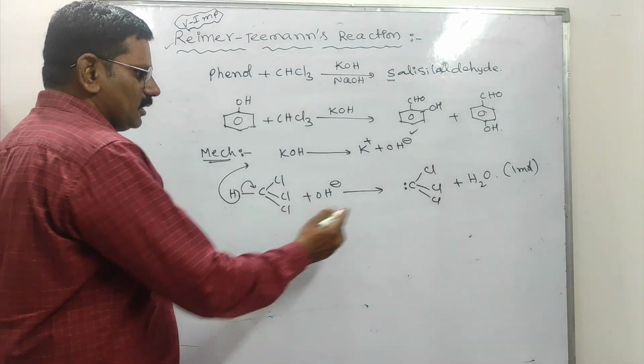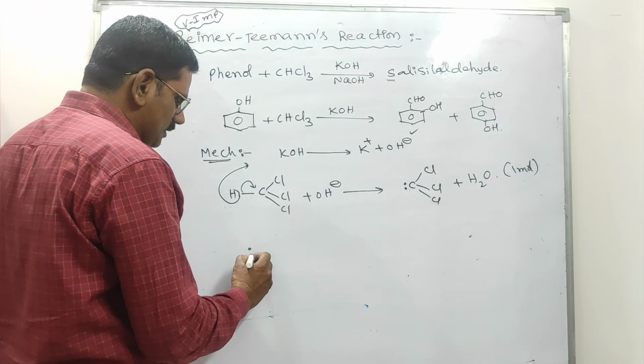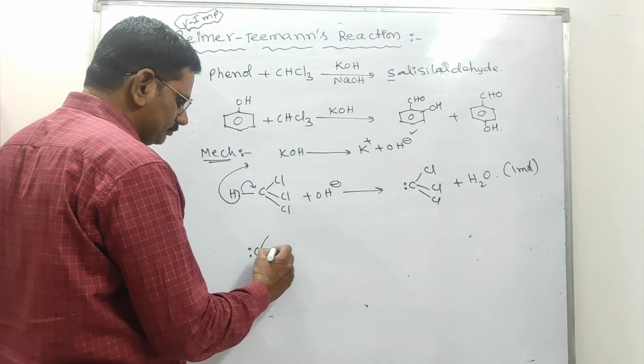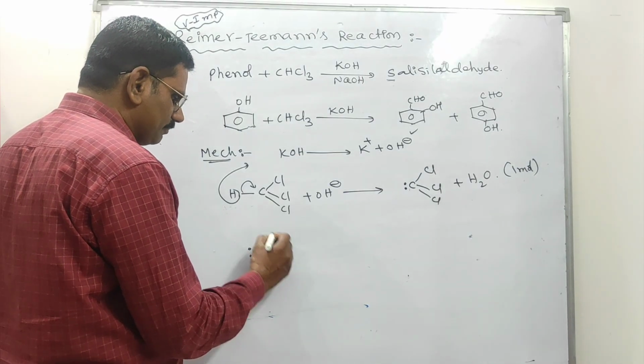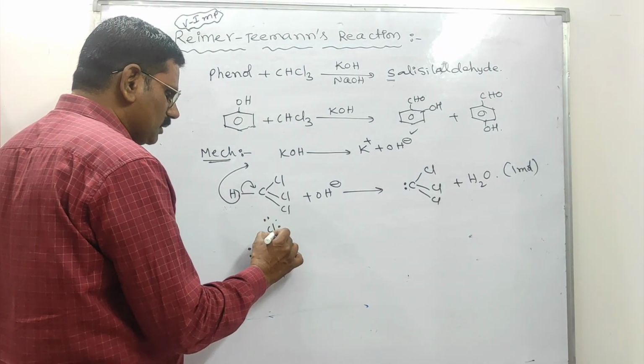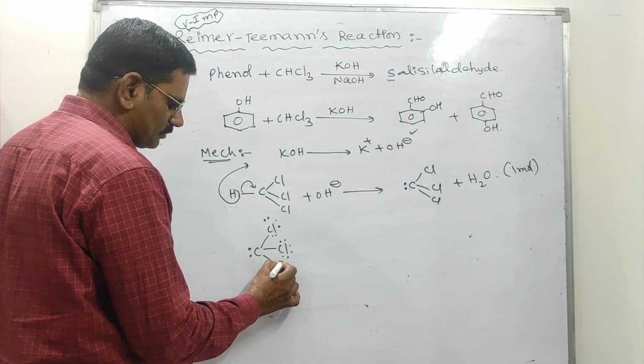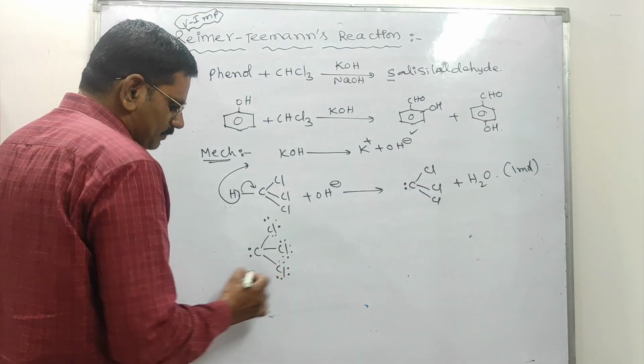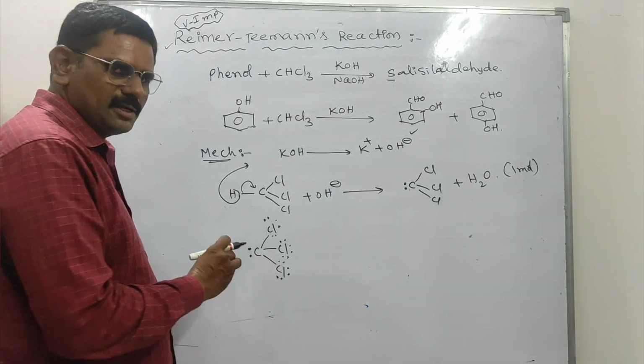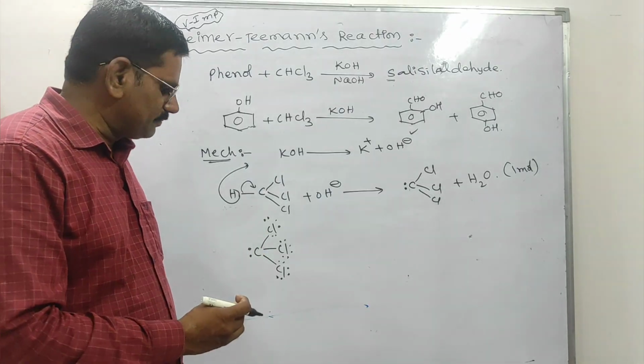And next, what is happening here, see, in CCl3-, there are so many lone pairs of electrons in this species. So it experiences high repulsions.